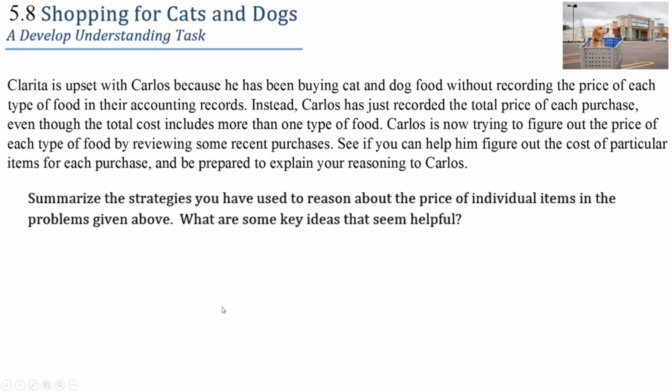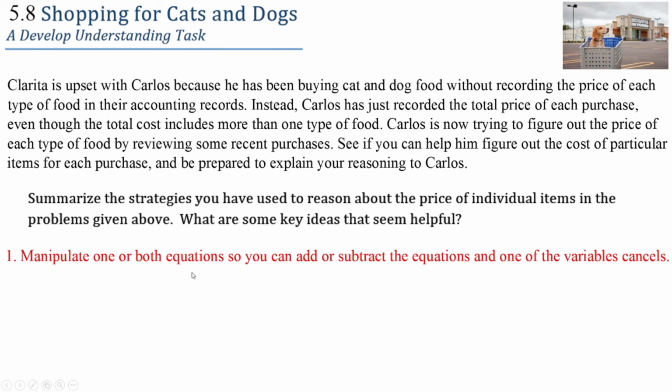Summarize the strategies you have used to reason about the price of individual items in the problems given above. What are some key ideas that seem helpful? Well, first of all, if we can add or subtract our 2 equations and cancel a variable, that's what we did most often. All right, but more often than not, we had to manipulate before we could do that first. So I'm going to start with a number 1.